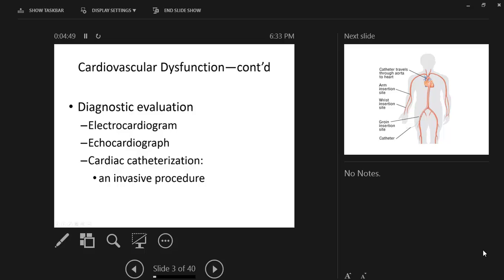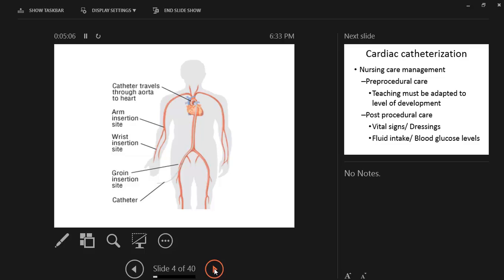Cardiac catheterization would be your higher, more invasive type of procedure. And we're going to talk at length about how we'll prepare a child and the family for the cardiac catheterization. Here the catheter will eventually travel to the aorta, through the aorta to the heart. Very commonly with children we have groin insertion or wrist insertions, depends on how big the child is.